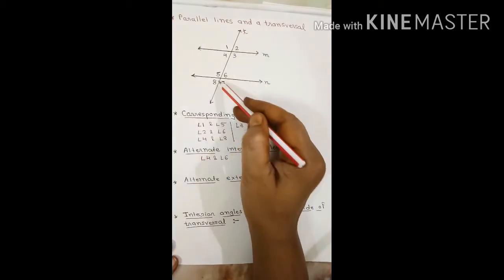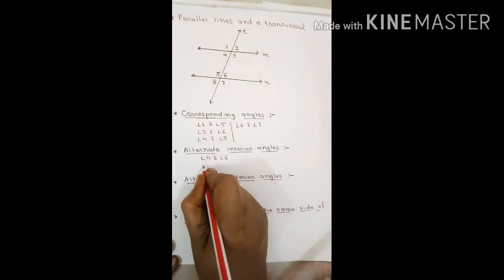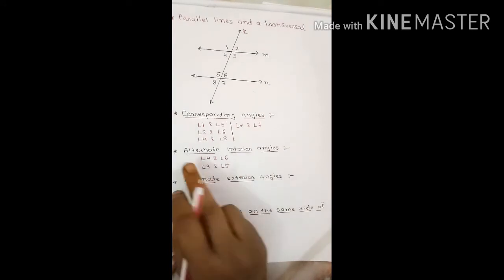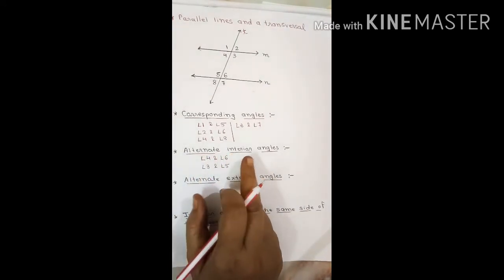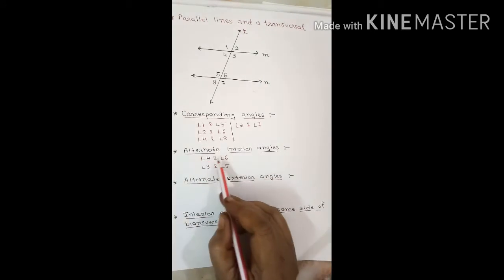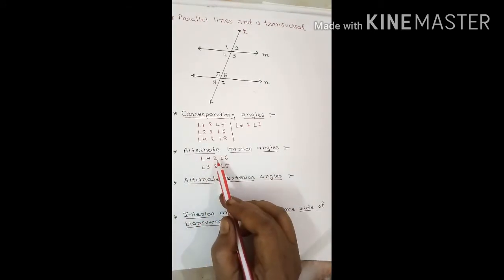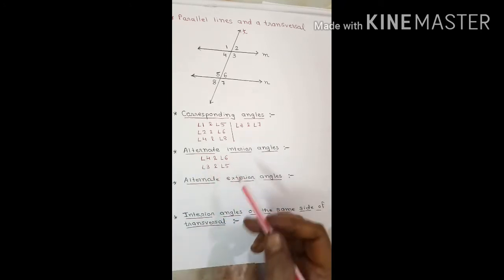Similarly, if you see an inverse Z, 3 and 5. So angle 3 and angle 5 are also alternate interior angles. Once again, like corresponding angles, if lines are parallel, alternate angles are equal. And if alternate angles are equal, then lines are parallel.